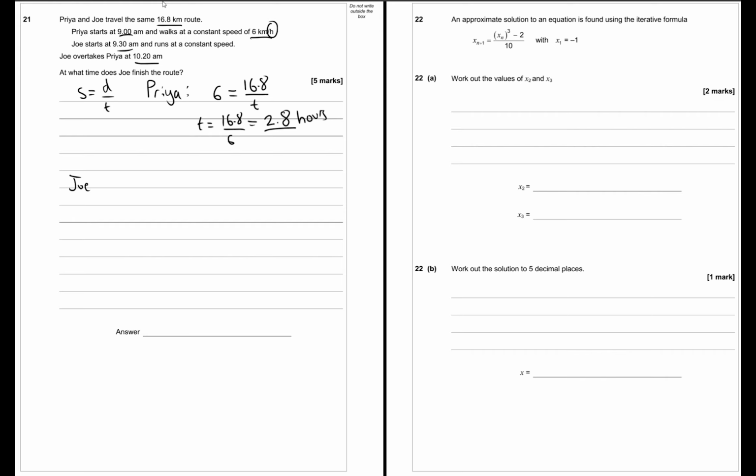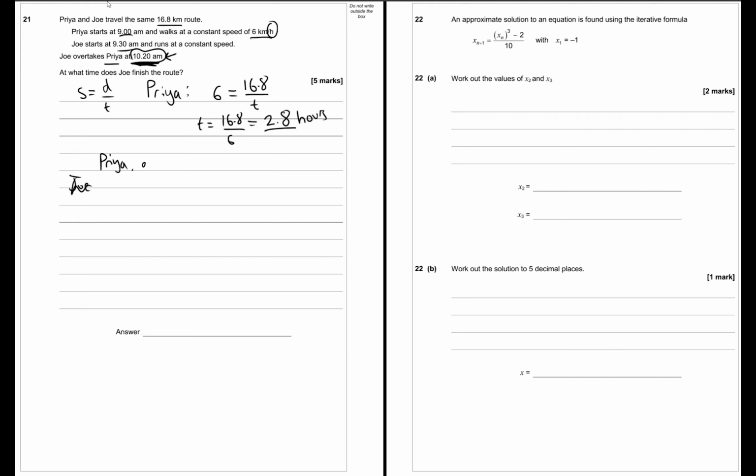We know Joe overtakes Priya at 10:20. So we want to find out how far Priya has travelled at this time. So let's talk about Priya some more. Priya is going at 6 kilometers an hour, and we want to find out where she is at 10:20.